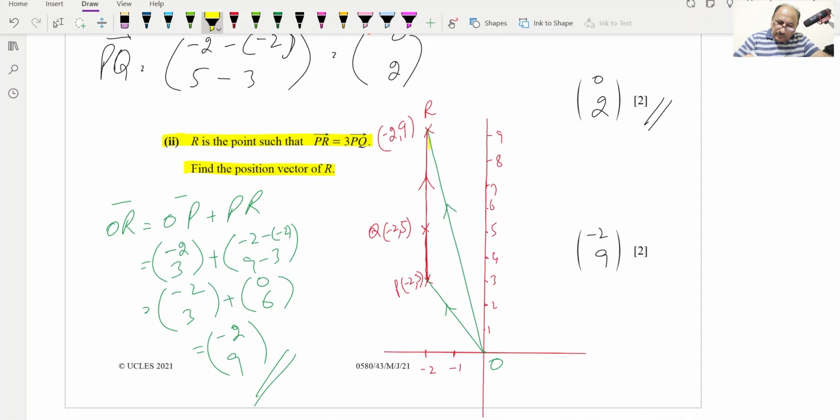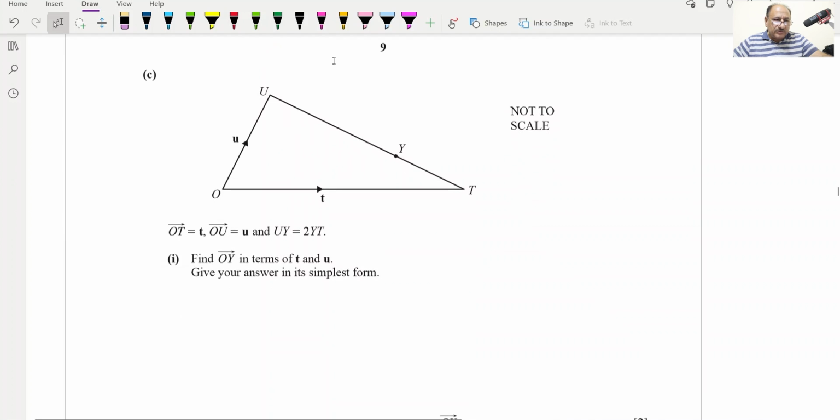And this is basically the vector triangle which we have formed. You can do it directly without working, but I have given working for your explanation of how we got this. It's a 2 mark question, but I thought I should explain it in a better way like this. Hopefully you understood this. Now we can move to the next part, part C.